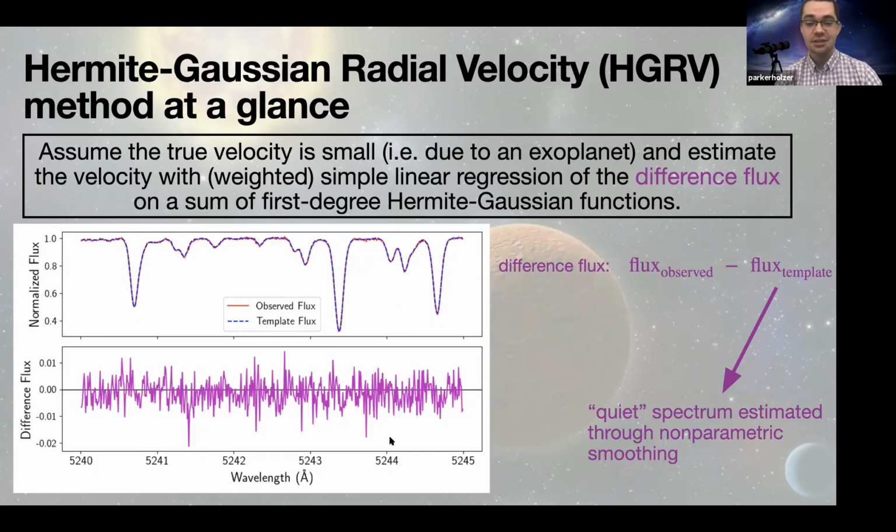And to the naked eye, it looks like nothing more than just noise. And that's because of how small the signal is. If it were a large signal, you would see an obvious shift between the red and the blue. And you'd see very obvious shapes here instead of just almost noise left in here.